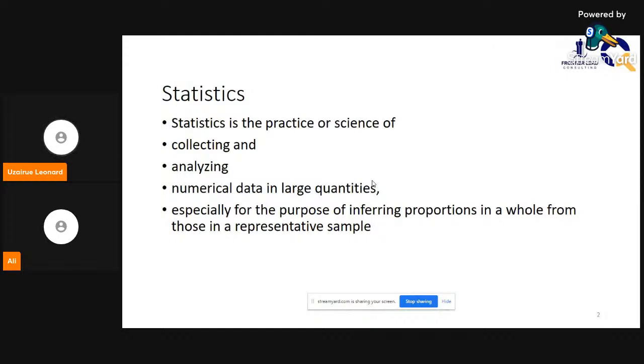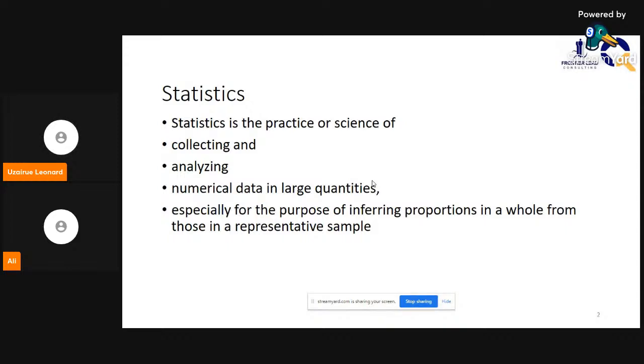So you choose a representative population, collect the sample, analyze your sample, then determine the mean. Because the sample you collected is representative of that population, you can make an informed decision based on that.